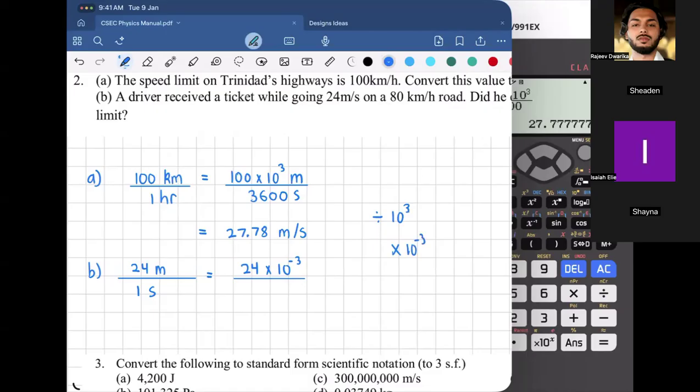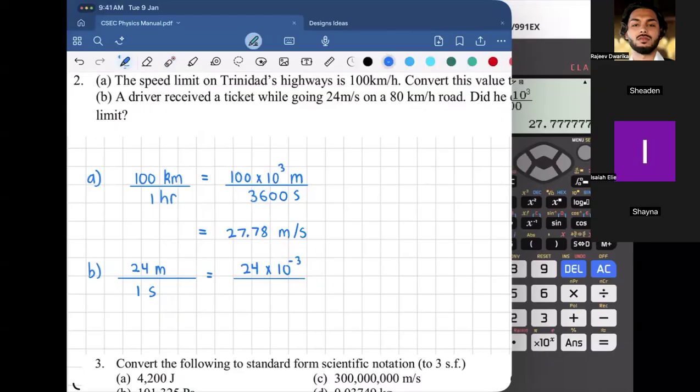If I'm dividing something by 10 to the power 3, that means 1 over 10 to the power 3, and if I bring it up to the top, that would be 1 by 10 to the power minus 3. Shayna, let me know if that is confusing you. We're saying multiply by 10 to the power minus 3. Would you prefer me to write it like this or just say divide by 10 to the power 3?